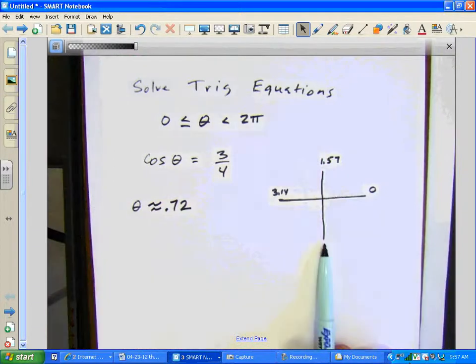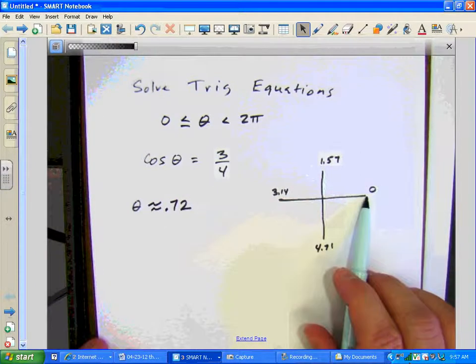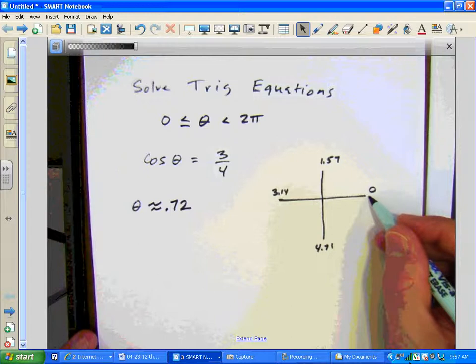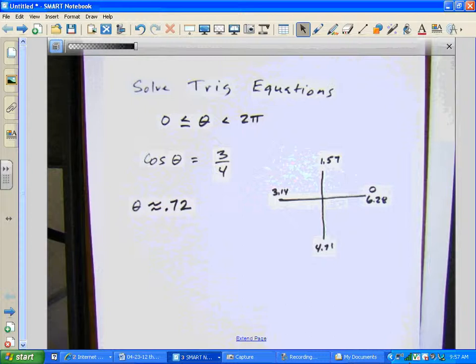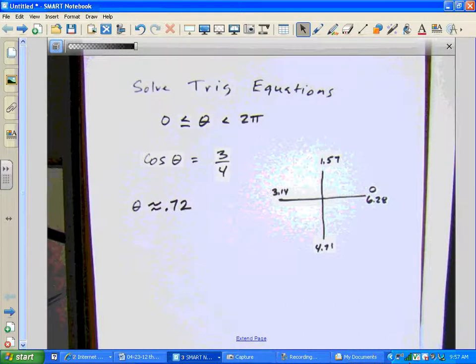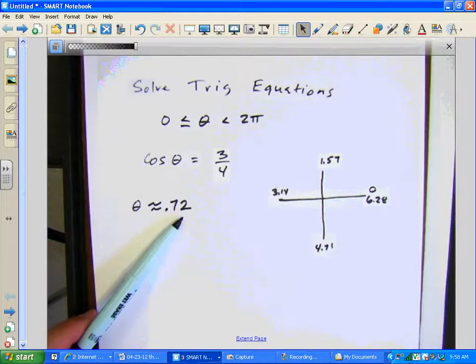Now, this one is 3 pi over 2, and I can't remember this one too well. Punch it in for me. I think it's 4.71. And what would 2 pi be? Yeah, 6.28. It's 3.14 times 2. So that's the way we're going to look at the unit circle, in terms of decimals. Now, where would 0.72 lie as far as its angle?